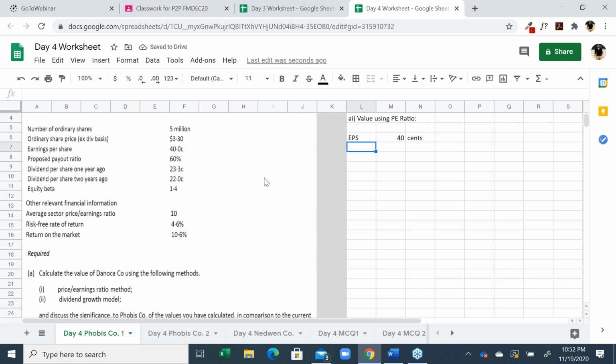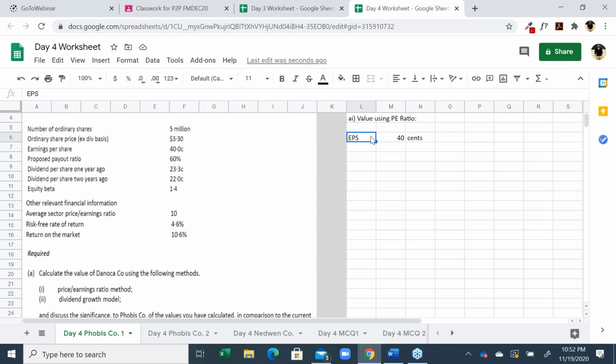Now, remember one thing. To value a particular company using price earning ratio, obviously we cannot use the same company's price earning ratio.